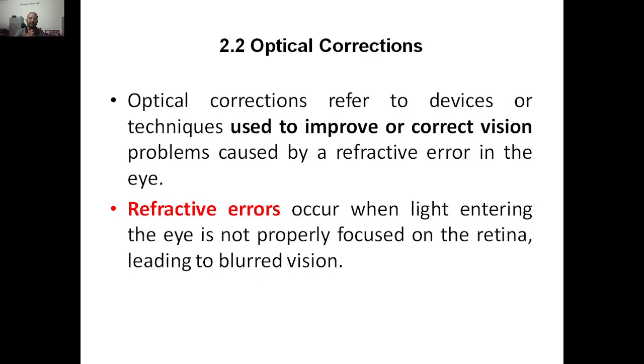If you are not able to see, they try different lenses, and with a particular lens you will start seeing things more clearly. That lens they will give you for your specs. So that's how things usually work.